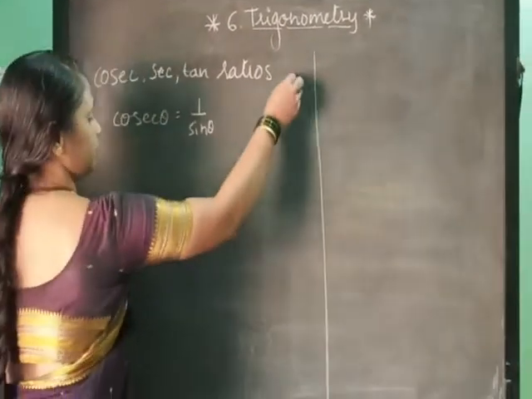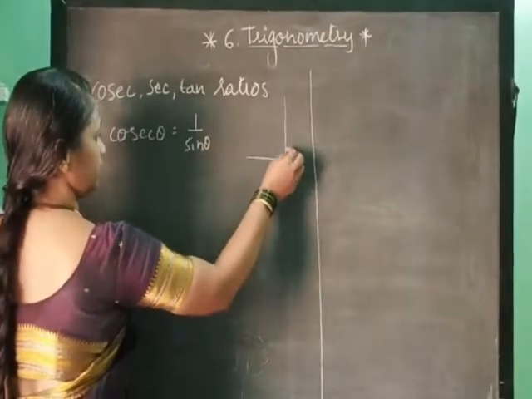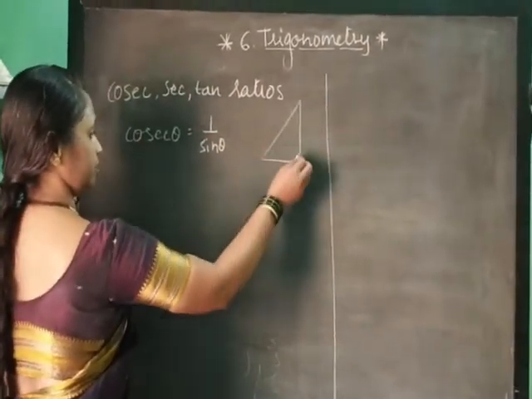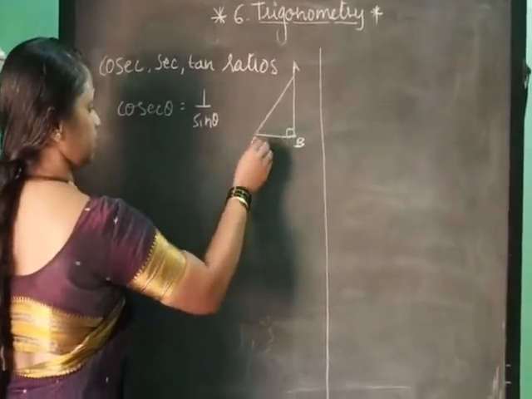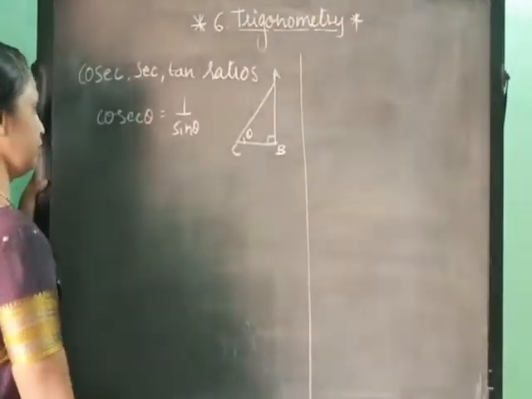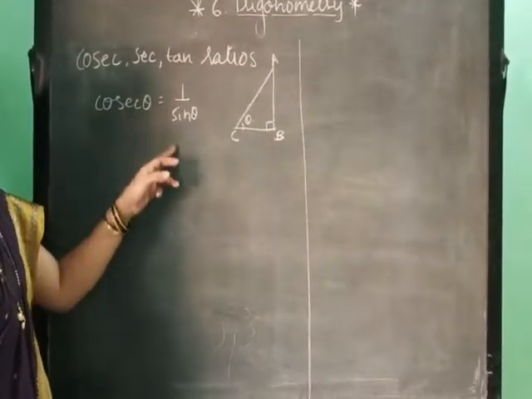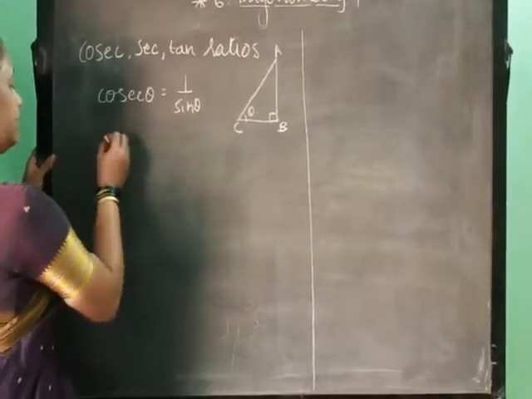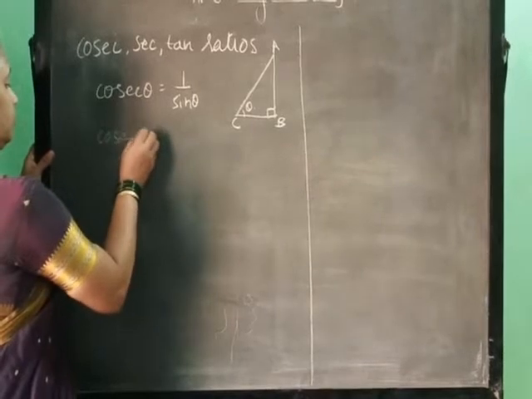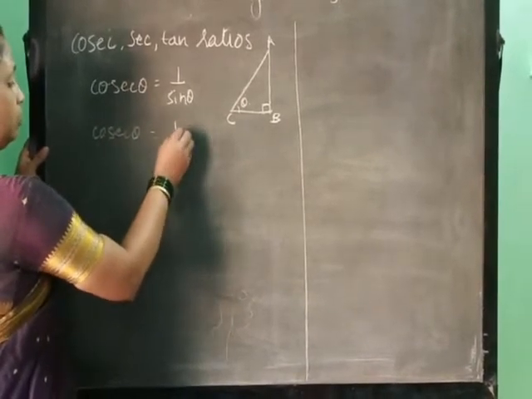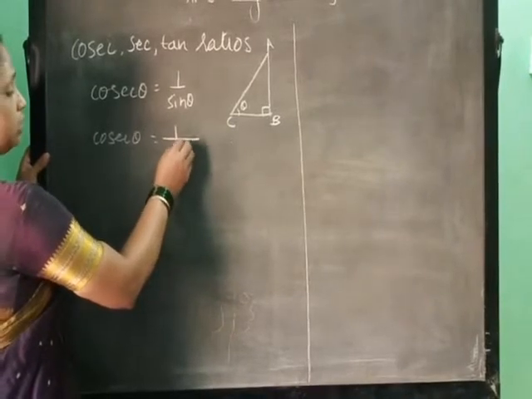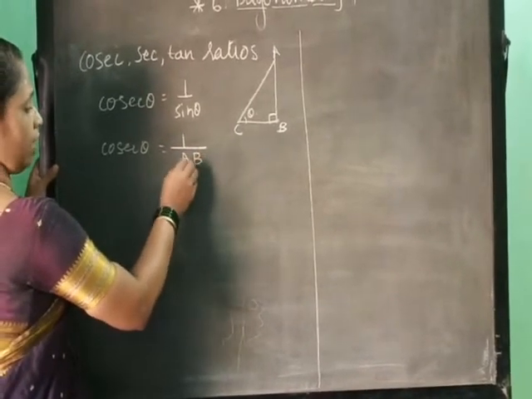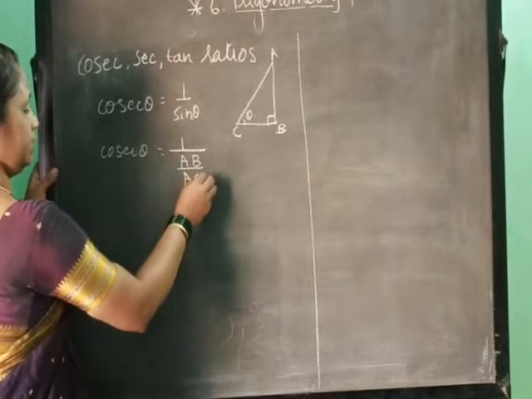Now as per the figure, see how to write. Now this figure A, B, C, theta. Now we know cosec theta is equal to 1 upon sin theta. Now sin theta is what? Sin theta is opposite upon hypotenuse, means AC.